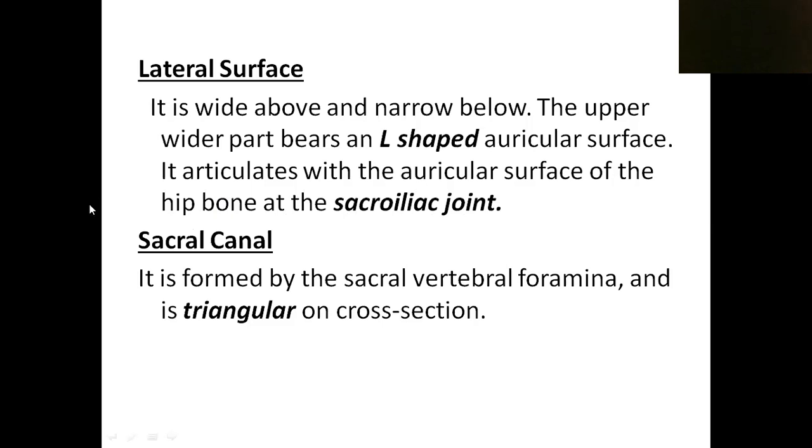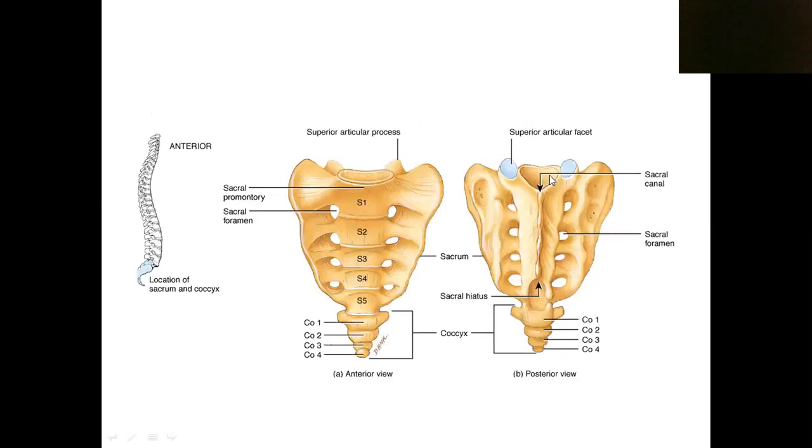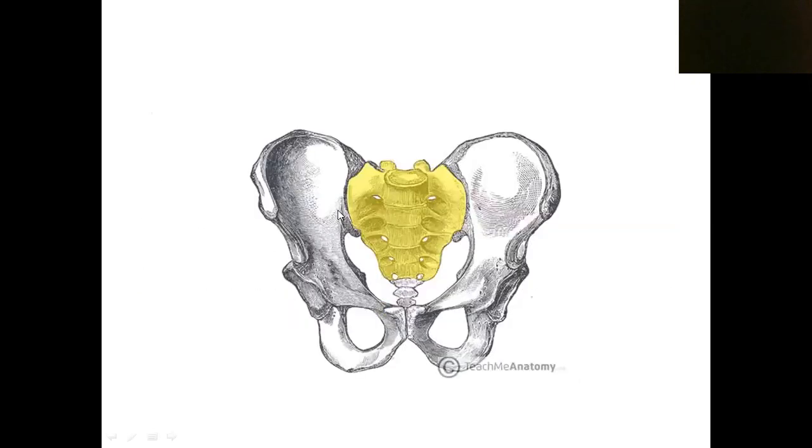Now the sacral canal, which is almost triangular in cross section. See, this is the sacral canal, triangular in shape. So these are the features of the sacrum.